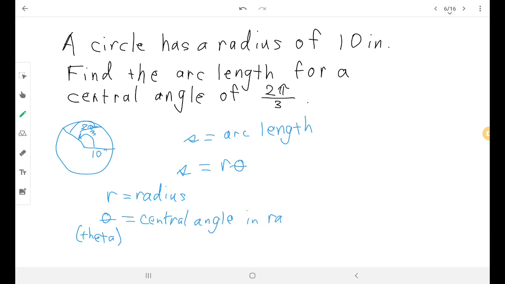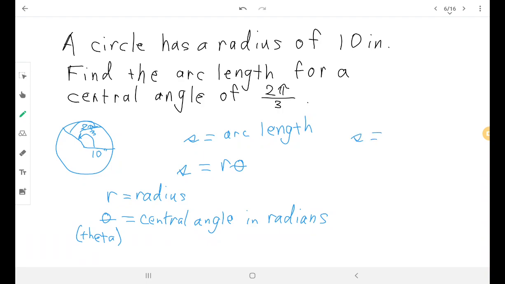in radians. So I can use this real easily if I am given or convert the angle that I'm given into radians. So this is then really easy to figure out, right?